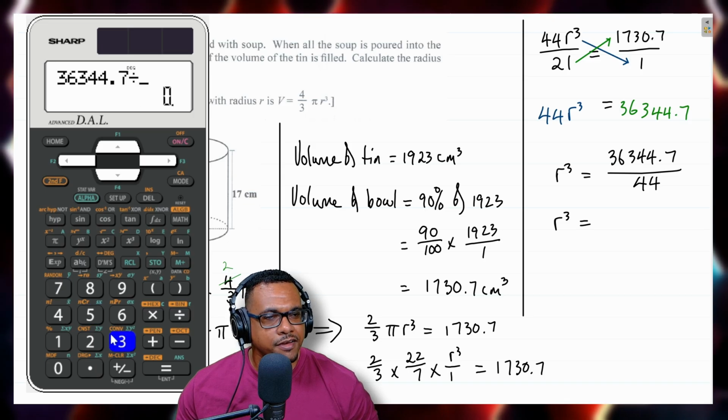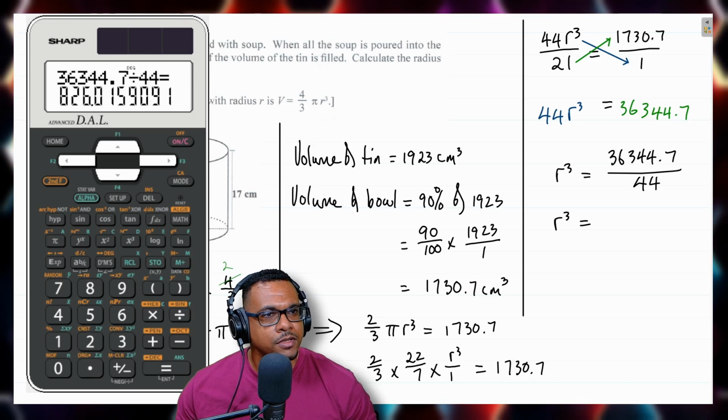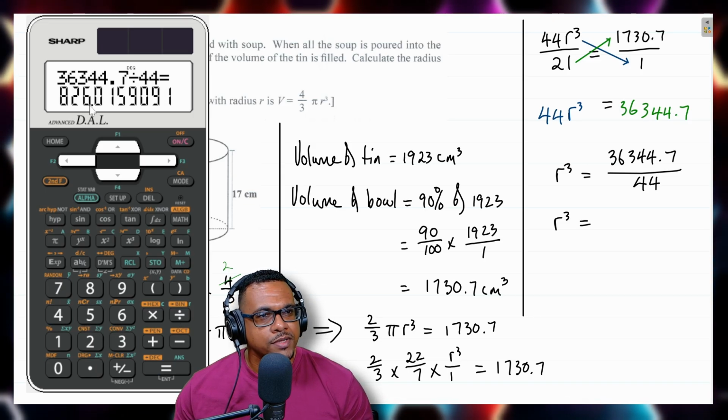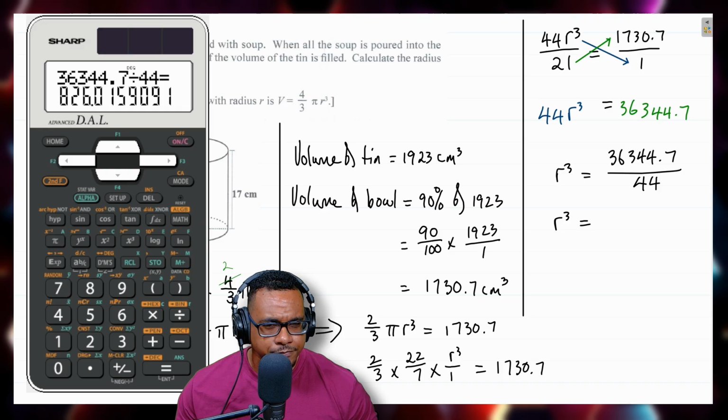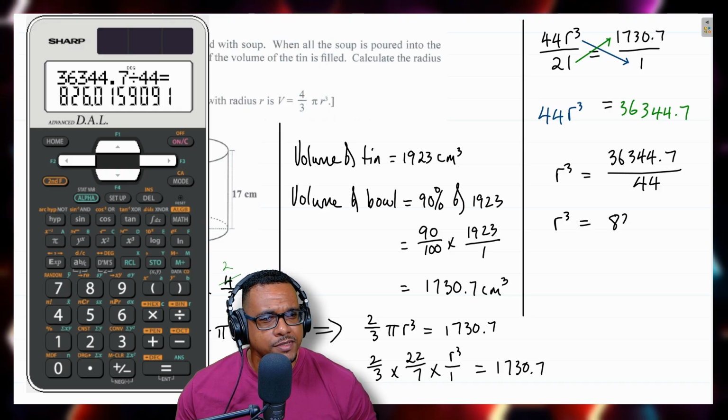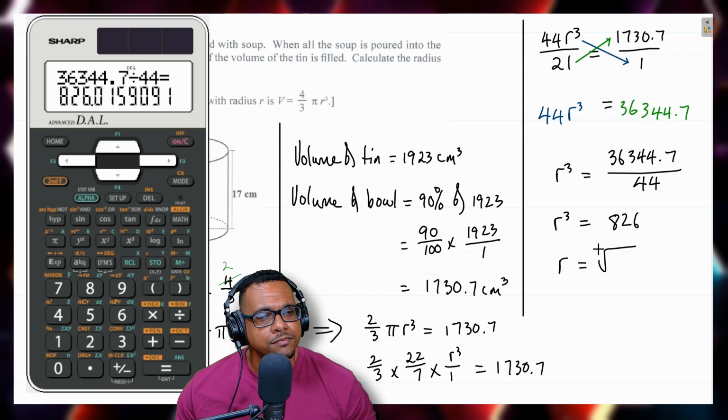Press equal. So we get 826.0, and so forth. So let's write this as 826 to three significant figures, and therefore r would just be the cube root of this 826.